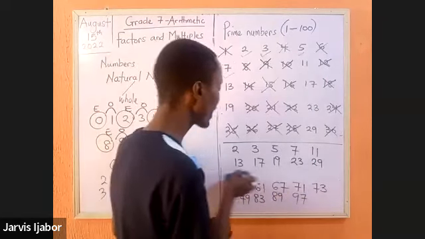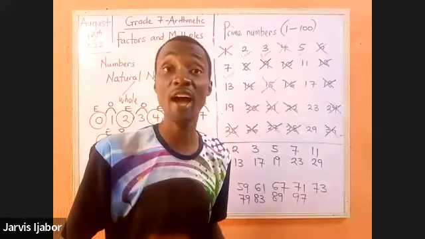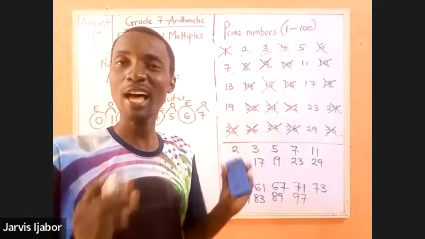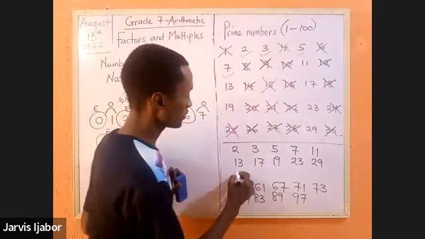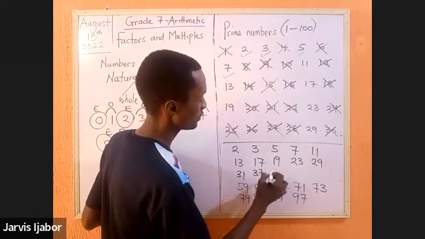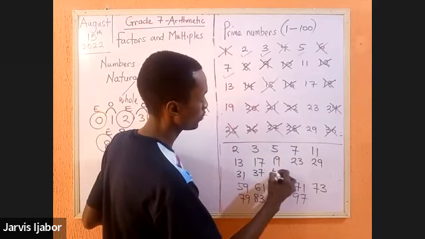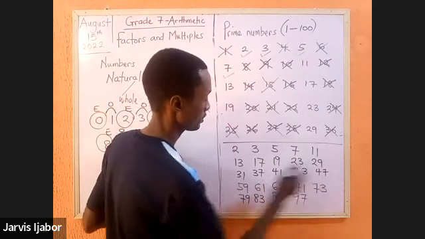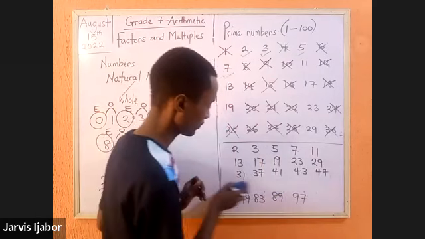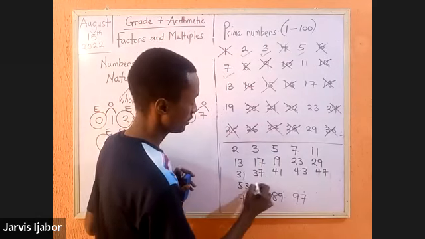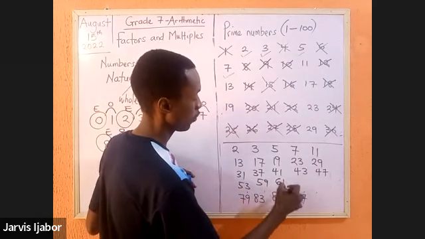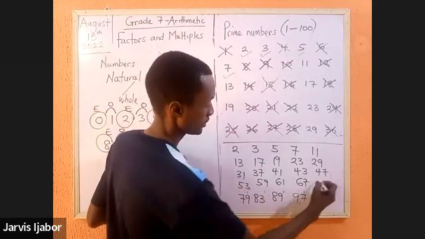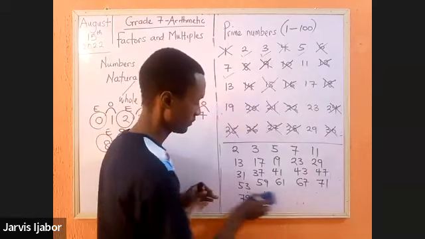So it's important that you know this, that from 1 to 100, you have 25 of them. So that's your check. So this will be what? 31, 37, 41, 43, 47, 53, 59, 61, 67, 71.